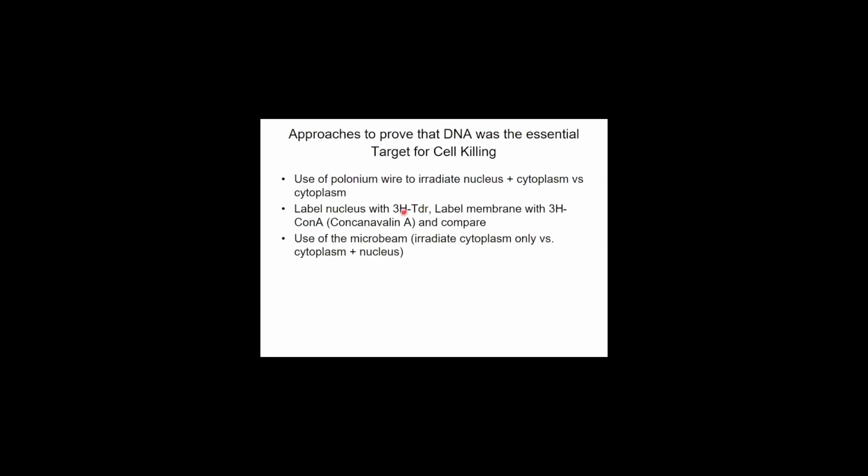The second experiment was done with a tritium label. Sometimes people talk about a tritium and iodine label, which is the experiment that I've diagrammed here. But in fact, the very best experiment was a tritiated thymidine label. The tritiated thymidine goes to the nucleus and labels the DNA. And then a tritiated concanavalin A, or Con A. Con A is a lectin that binds to the mannose residues on the surface of cells. They would compare these.